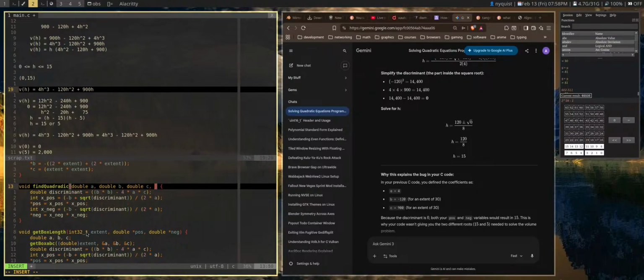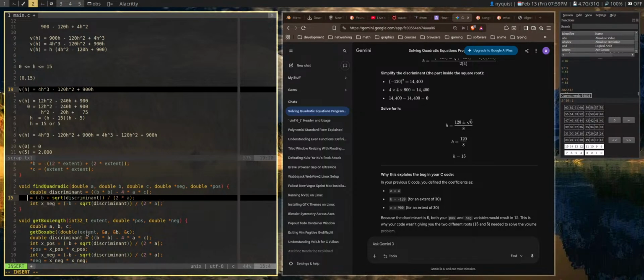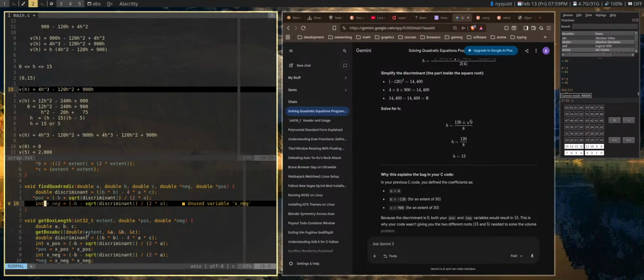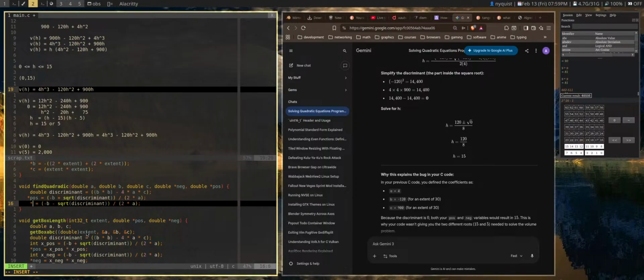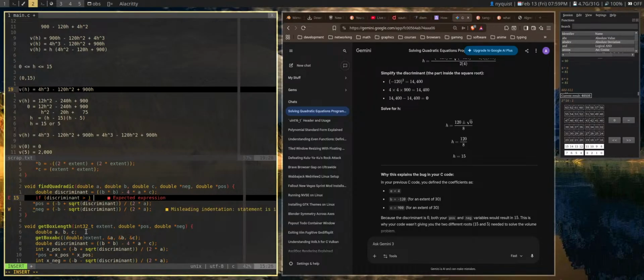And your return double negative, double positive. And I guess I'll check if the discriminant is greater than 0 or whatever.